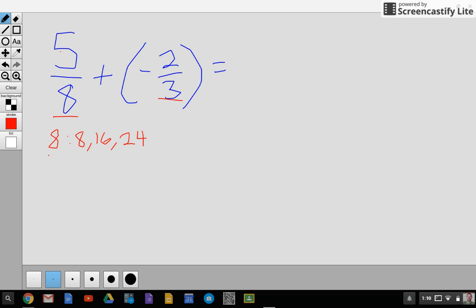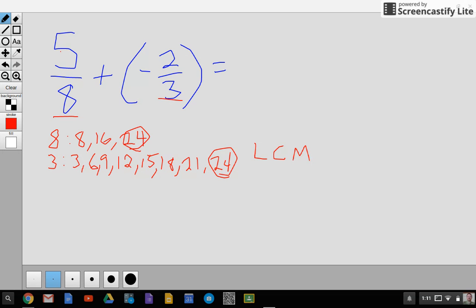Multiples of 3 would be 3, 6, 9, 12, 15, 18, 21, and then 24. So now you see why I stopped at 24. If you know your multiplication facts, that's not a hard thing to do right there. The number we've gotten right there is called our LCM, or the least common multiple. And that is what we're going to use as our common denominator.